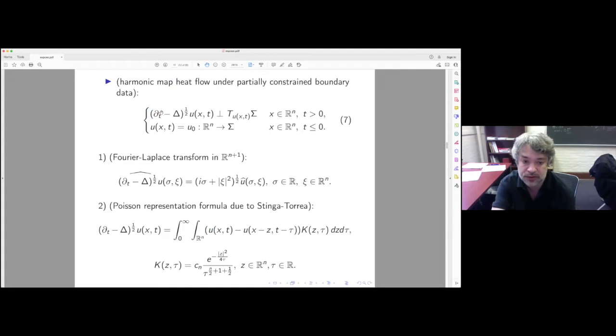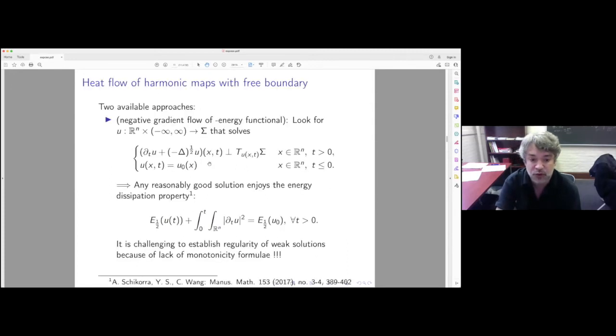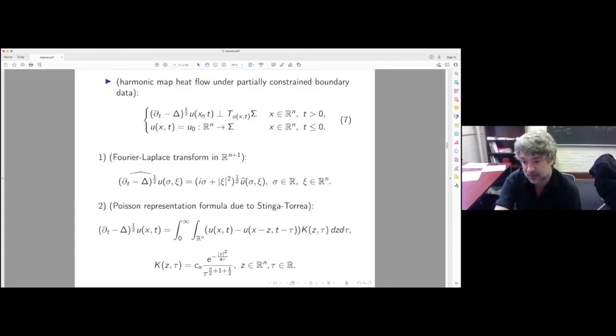You could look at the square root of the whole heat operator. This you can always define using Fourier-Laplace and company, and you even have a formula with an explicit kernel. Of course, stationary solutions of both flows are the same: half harmonic maps, and then harmonic maps with free boundary.